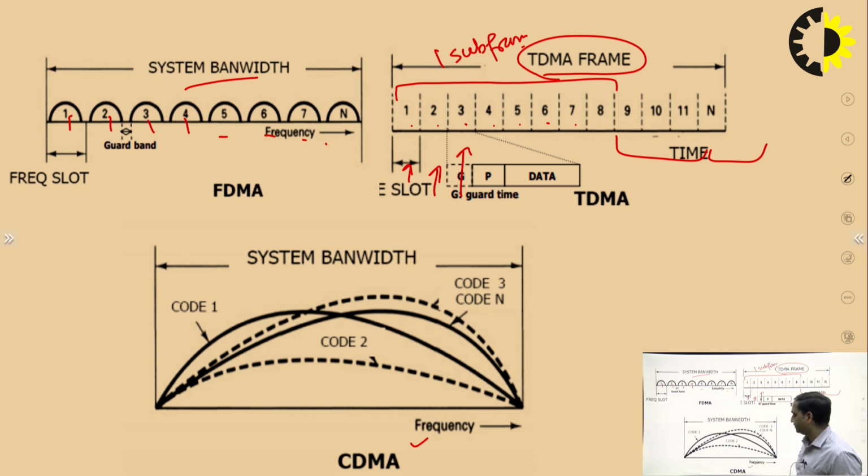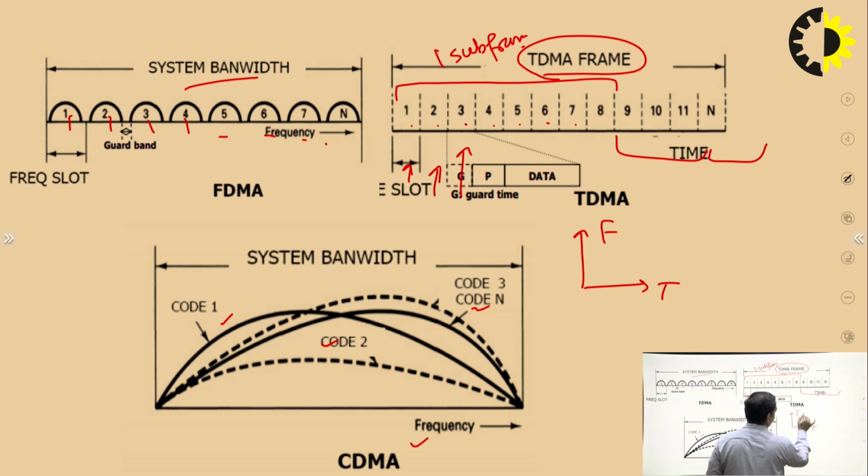In that case, what we do is simply multiply the data rate by different codes, just like code 1, code 2, code 3 and so on. So this is represented in the time and frequency plane, in which this is the time, this is the frequency, and this one is the code, right?